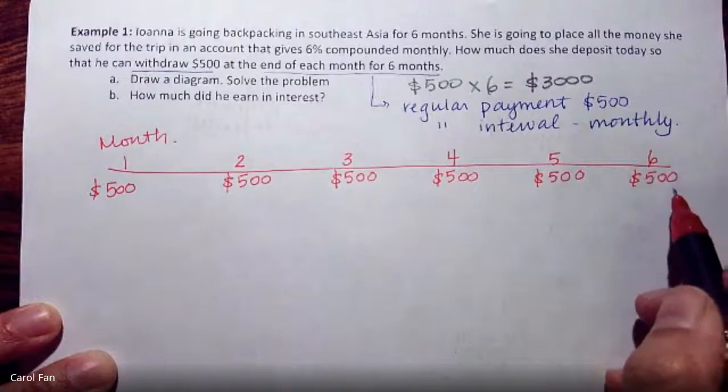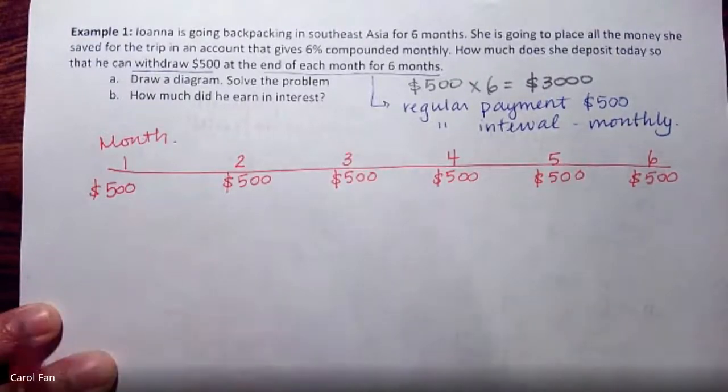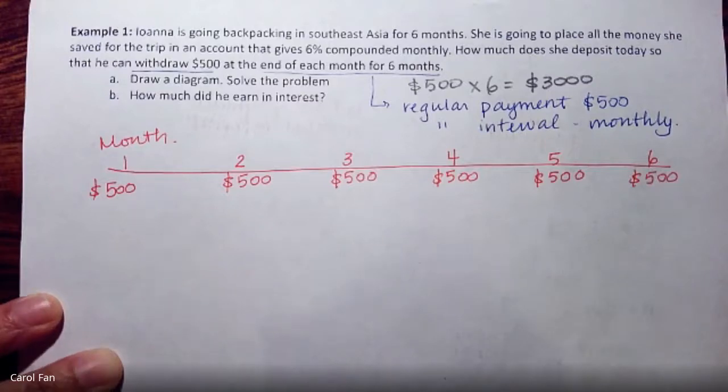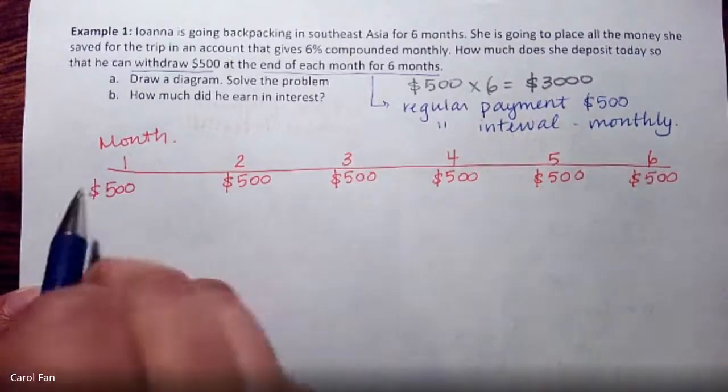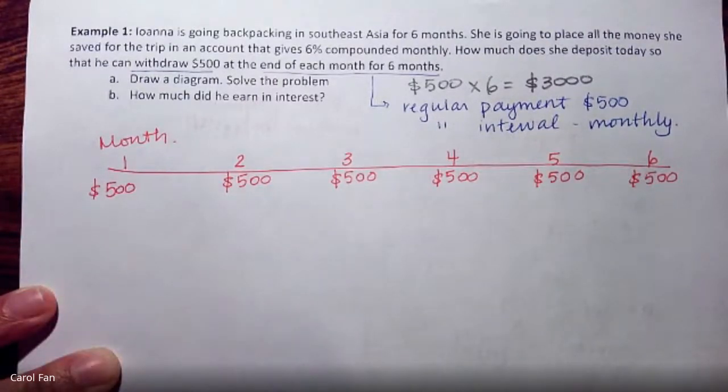Now, she has to be putting in enough money so that she can withdraw that amount at the end of each month. And we note that it's the end of each month because that would mean it has the entire month to collect interest.